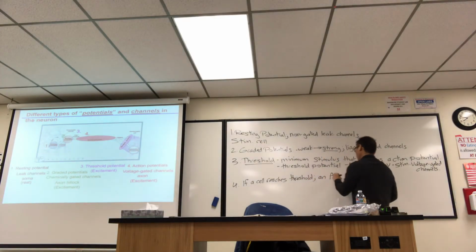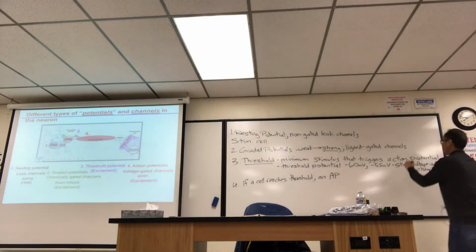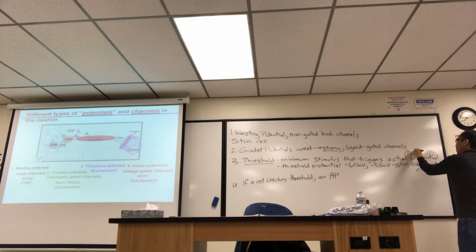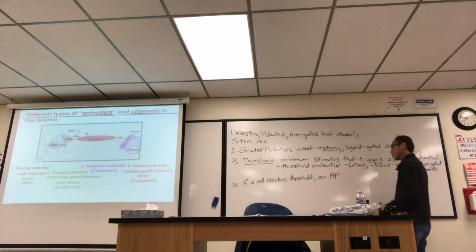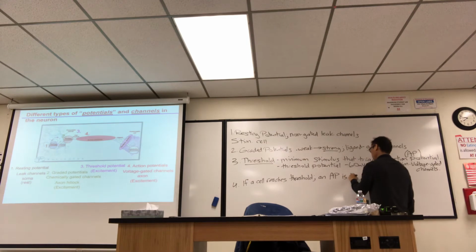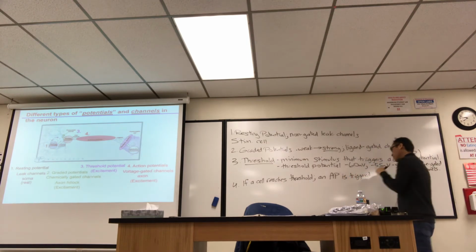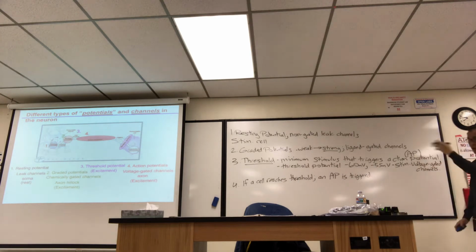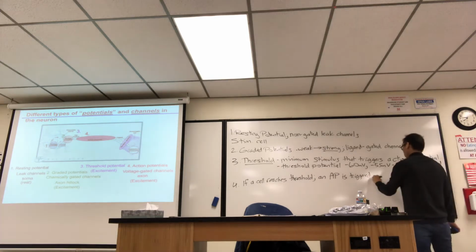I frequently abbreviate action potential AP. And AP is triggered, right? And the thing that drives the action potential, how it propagates down the axon, is illustrated on the picture. It's the voltage-gated channels for sodium and potassium.